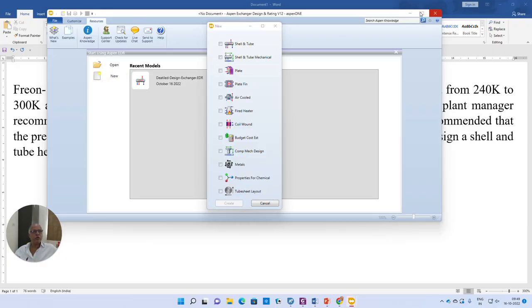These are all the things that you will be able to do within Exchanger Design and Rating. You can design a shell and tube, plate fin, air-cooled exchanger, and so on. So I'll be selecting the shell and tube design. Create.